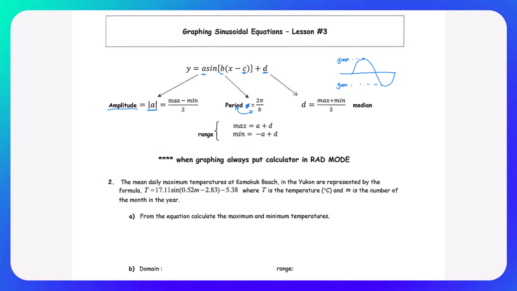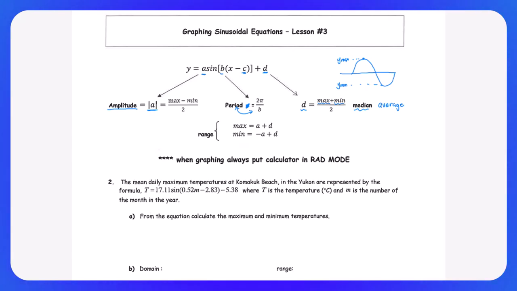And the median value, which is like an average value, can be determined like when we have two test scores that we want to find the average of. We take the two test scores, add them together, and then divide by 2. Same thing goes for the median. We take the max y, the min y, and divide by 2.